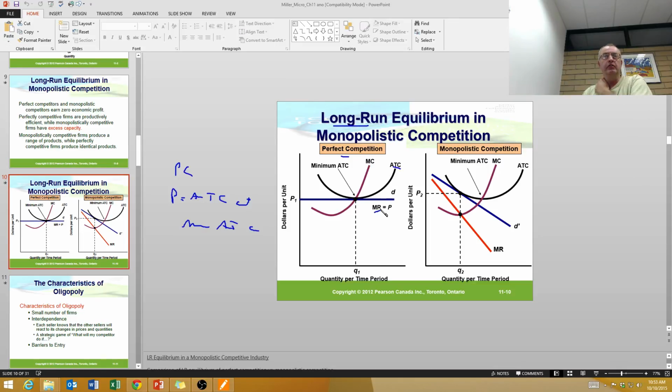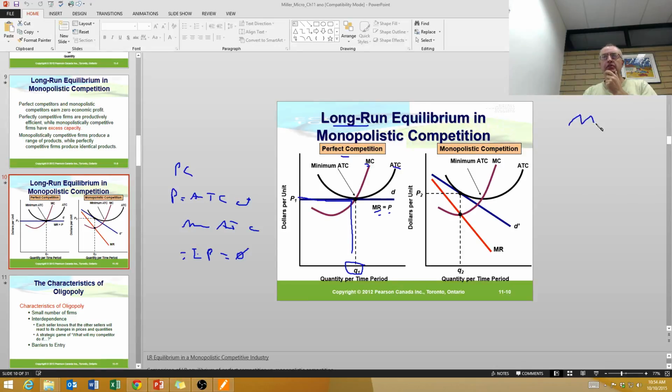Here's our marginal revenue curve, which is otherwise known as the demand curve. Optimal level of output is where the marginal revenue equals marginal cost. There's our optimal quantity. Read the price off of the demand curve, and the price intersects average total cost at the minimum average total cost point. So economic profits are zero in perfect competition in the long run.